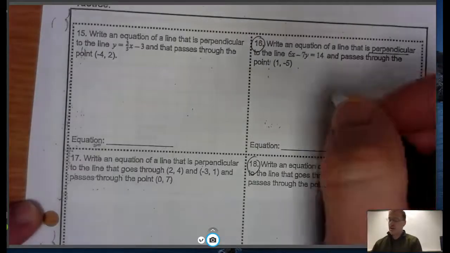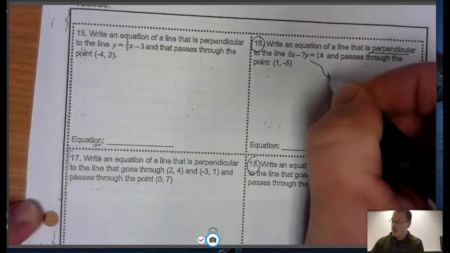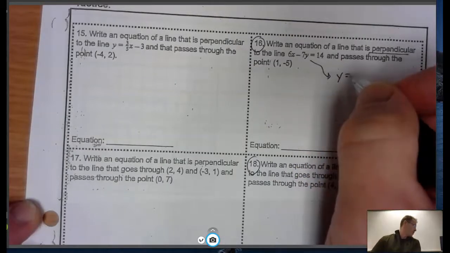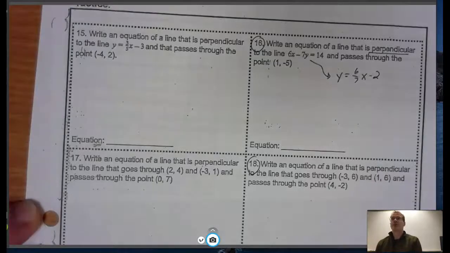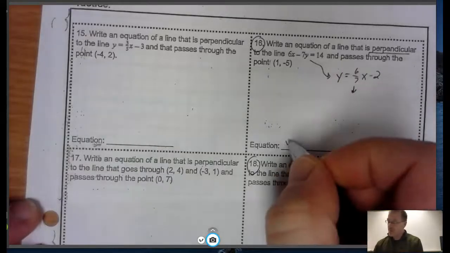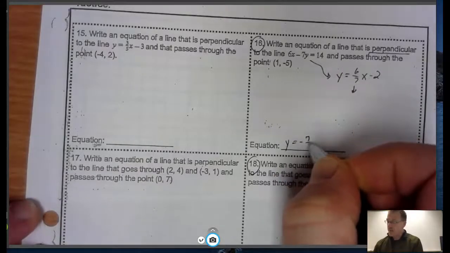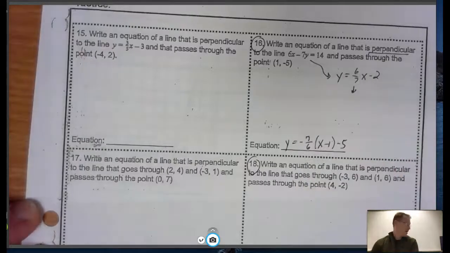Now I'm picking 16 because we've already solved 16, and we saw that when I solved this equation, we got y equals that, right? So now if I want my line to be perpendicular, I have to have my slope to be opposite and reciprocal. So if my slope here is 6 over 7, my new slope would be negative 7 over 6, and I would just use that same point like we did before.